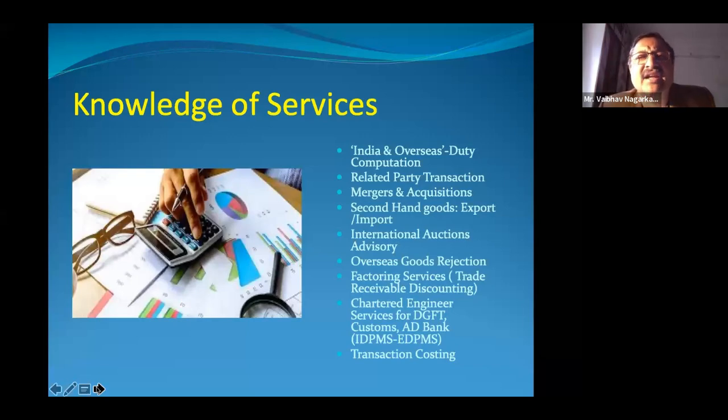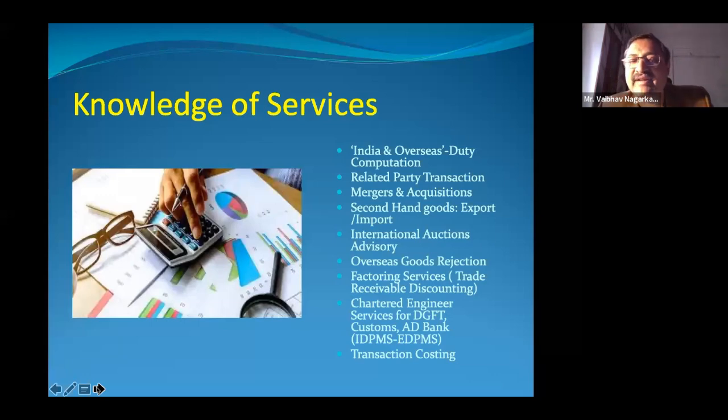Any international or multinational company operating in India has to carry out this activity, related party transaction. They should secure the order from Indian customs, SVB, and from income tax, TP, the transfer pricing audit. TP is normally done by chartered accountants. It will not come to you, but SVB definitely will come to you.